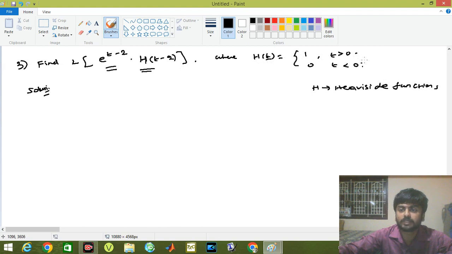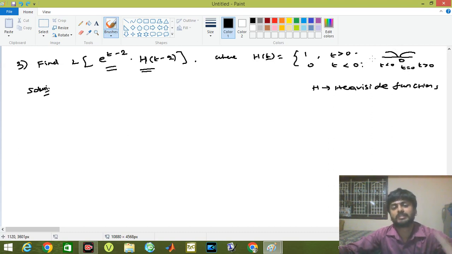In this function we are having discontinuities, t greater than 0 and t less than 0. Instead, in the middle we will have t equal 0. So there is a gap in between.